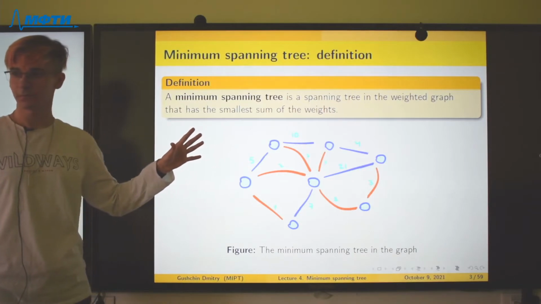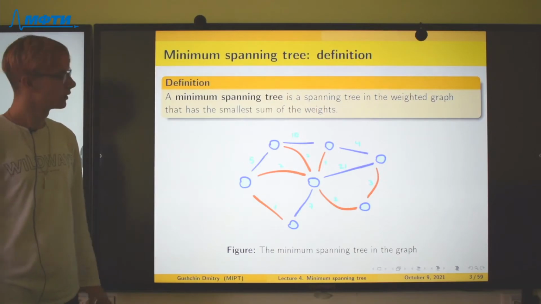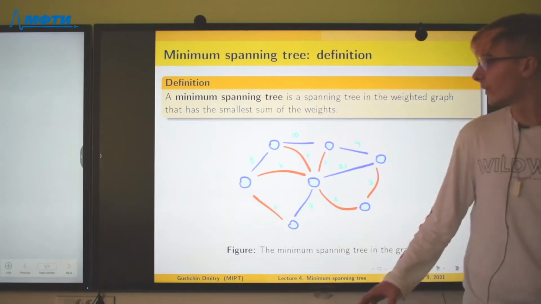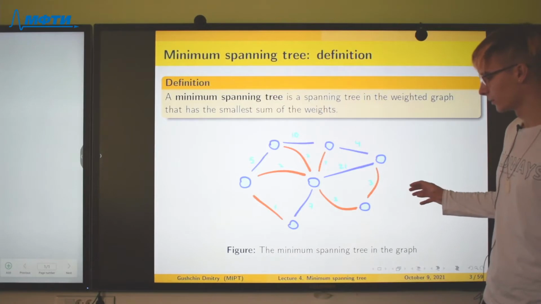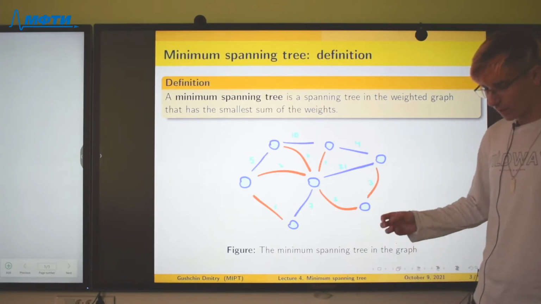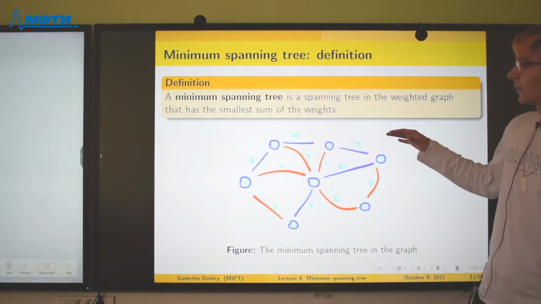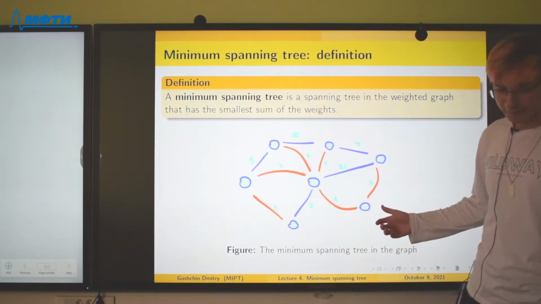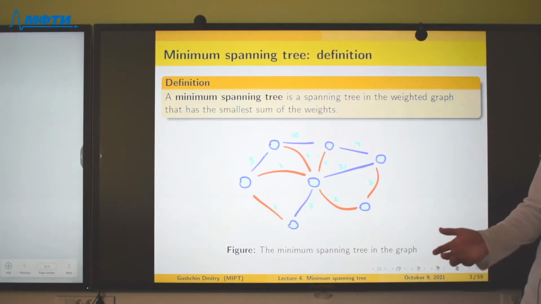So if we have a very dense graph, we of course have a lot of spanning trees, and we say that a minimum spanning tree is one or several spanning trees that have the minimal sum of weights of edges in this tree. Okay, understandable? Nice.